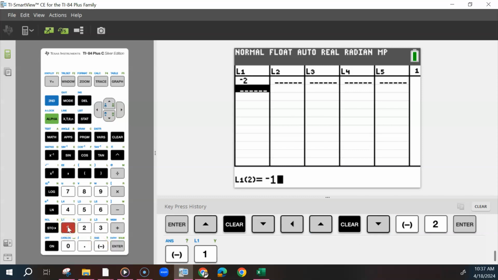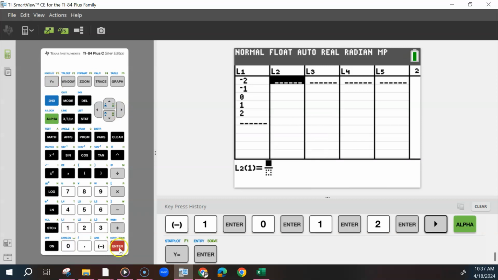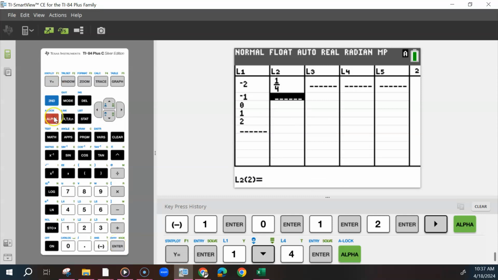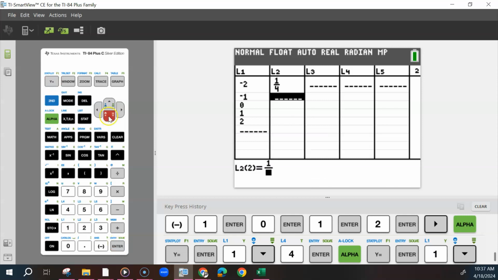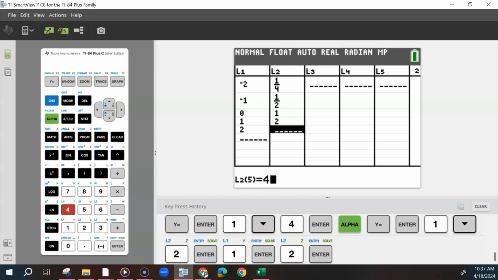Go to the top, hit clear. In this, we know already that it's going to be exponential, but what's that pattern in our y's?